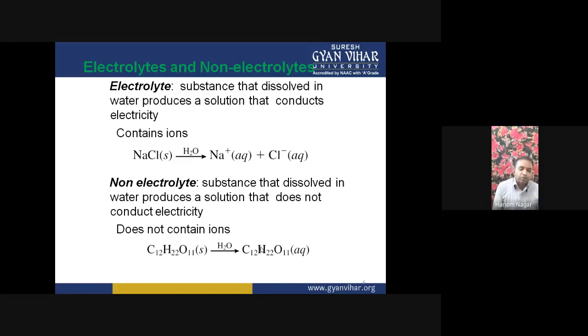If there is no migration towards electrodes, then no reduction or oxidation reaction takes place at the electrodes. If no reaction takes place, then there will be no conduction of electricity, right? So non-electrolyte solutions are non-conducting solutions, or we can say non-electrolytes are non-conductors, and electrolytes are conductors because they conduct electricity in solution.